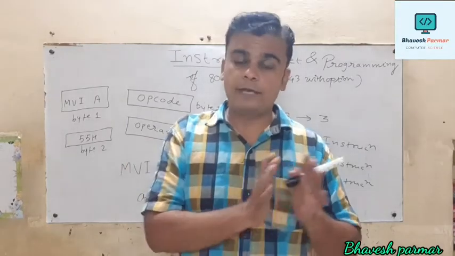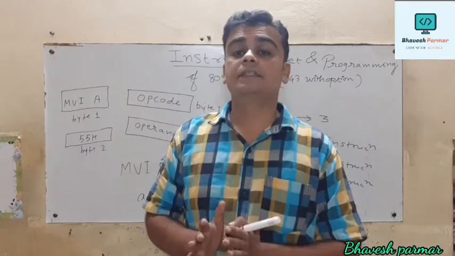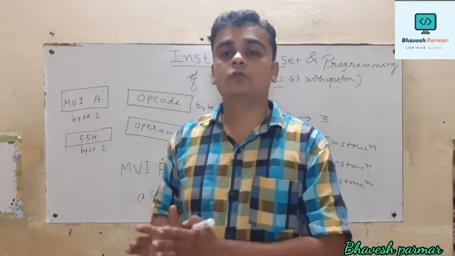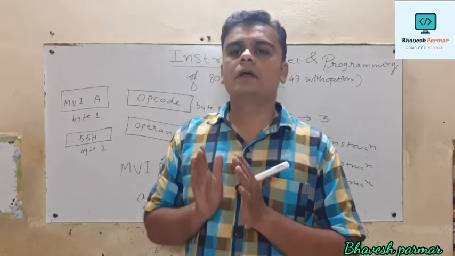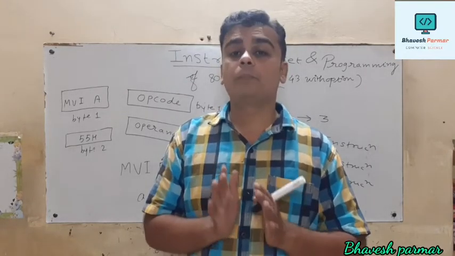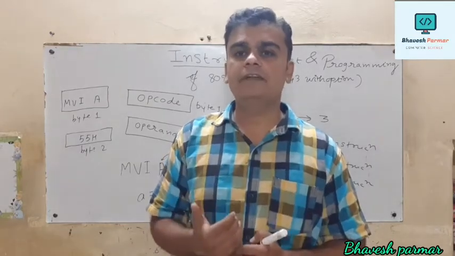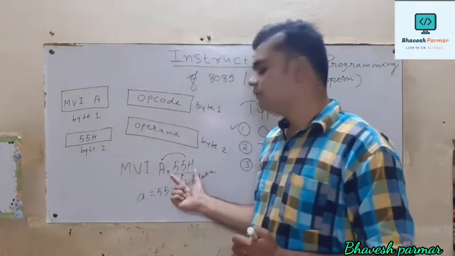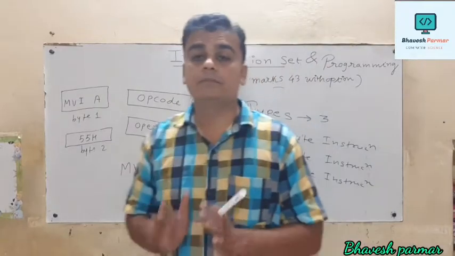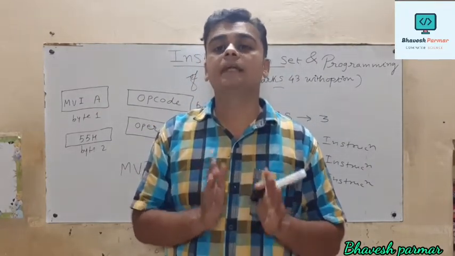The opcode requires 1 byte of memory and another byte is reserved for data, that is called the operand. In a 2 byte instruction, the operation is performed on given 8-bit data. How can we identify 8-bit data? If we have a 2-digit hexadecimal number, we can surely say that it is 8-bit data.